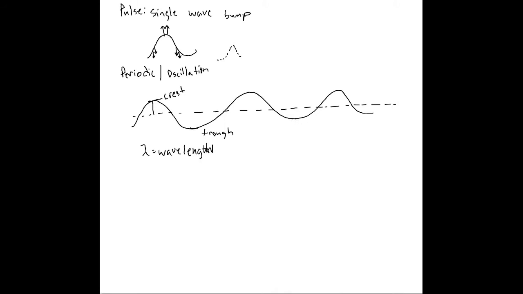Those are the easiest points to measure. Or really any point to its corresponding point. But the easiest way to measure it is from crest to crest or trough to trough. So this distance right here is known as wavelength.